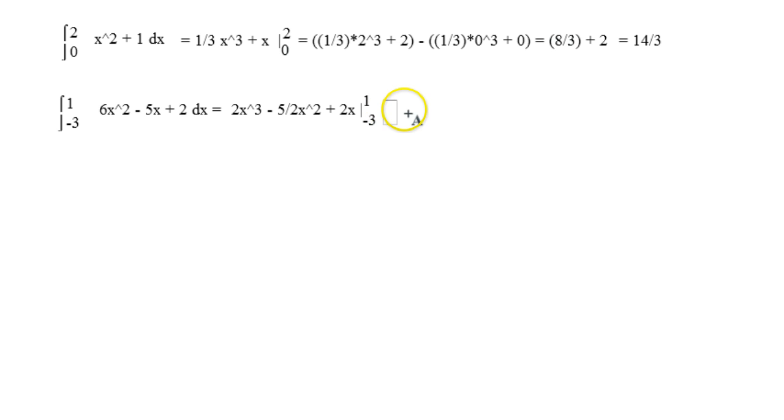Now in these ones, you're going to be plugging in. If you notice, I'm going to be using -3 instead of just a positive number. So this is going to be 2 times -3 to the third power minus 5 halves times, well, -3 is definitely going to be a 9, so that's going to become 9 squared.